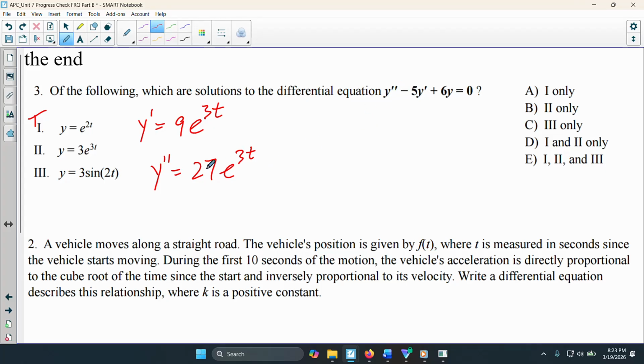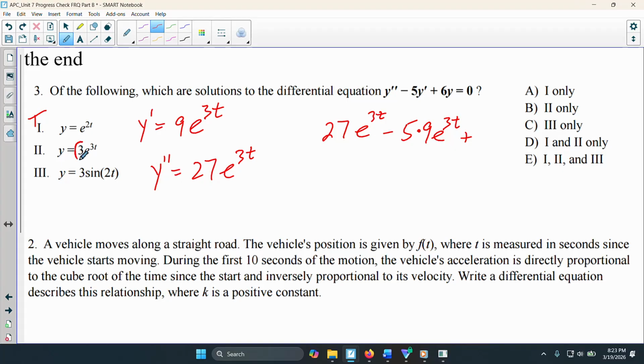So the y double prime is this 27e, and I see that they're all going to be e^3t. That's nice. But I'm still going to write the 3t, minus 5 of the first derivative. Well, minus 5 times 9. I'm going to write minus 5 this e^3t, and then plus 6 of the original.